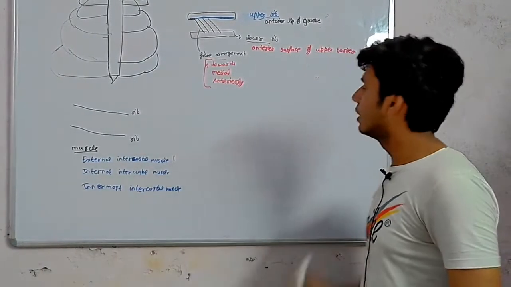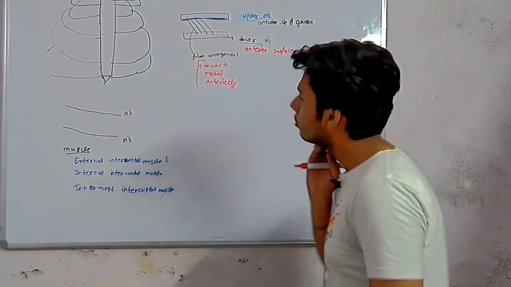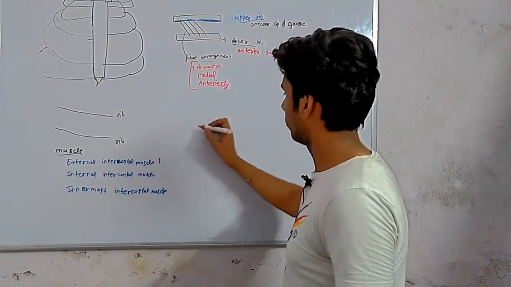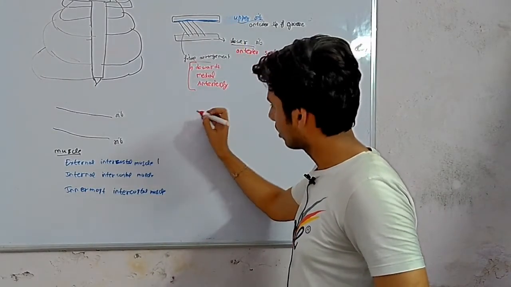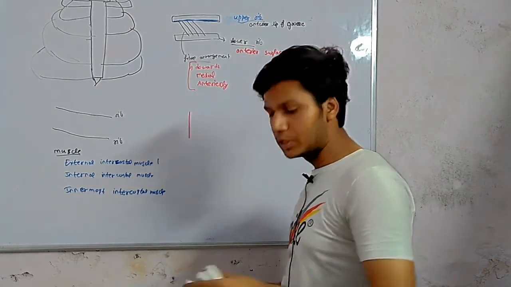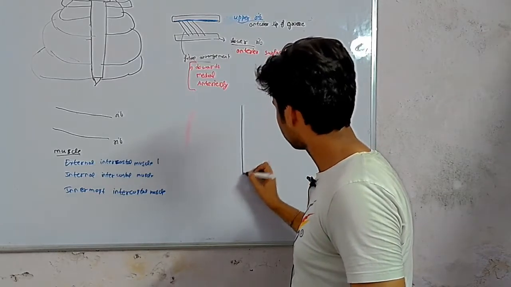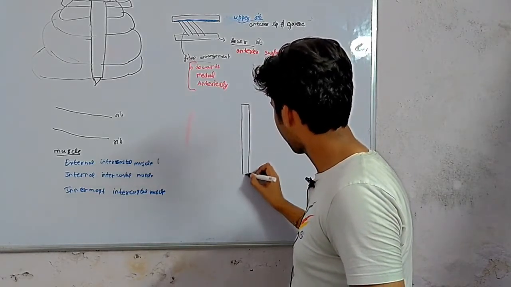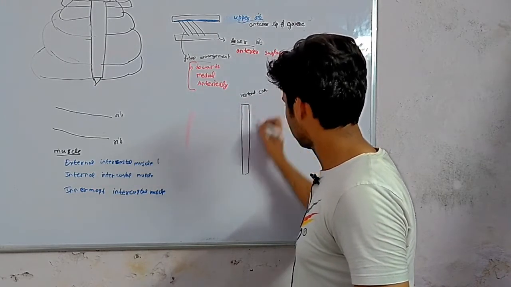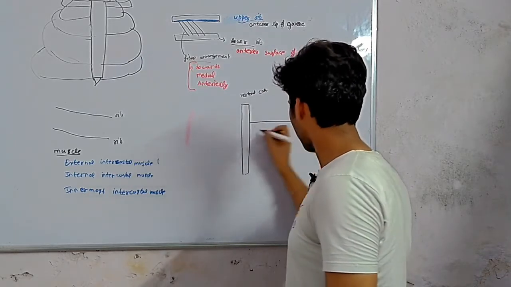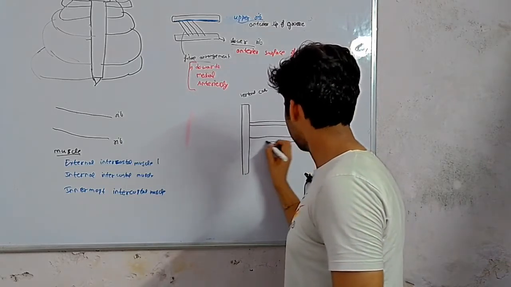Done. Arrangement of external intercostal muscle, but remember one thing. Let's see where this muscle starts originating from. Let's say this is a general assumption, this is the vertebral column, this is one rib, this is the other rib.